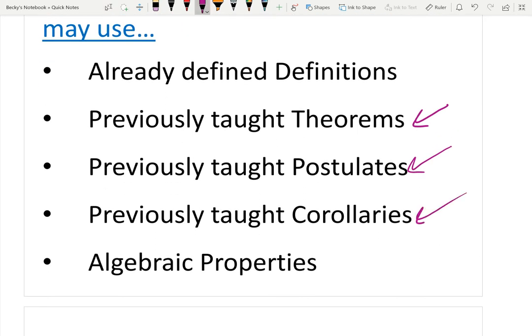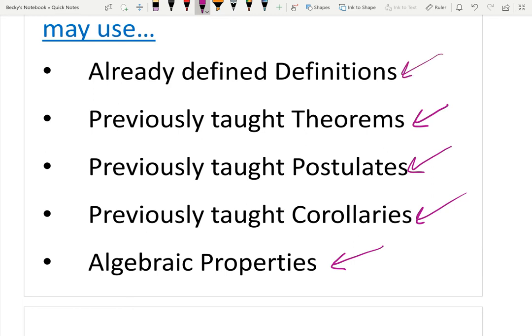Now, corollaries, those are kind of like a theorem or postulate. They're usually very basic things you could figure out on your own, but we document them so you can reference them and use them within your proofs. And again, those will be on your theorem sheet. We will fill those out every chapter. And finally, we can use our properties.